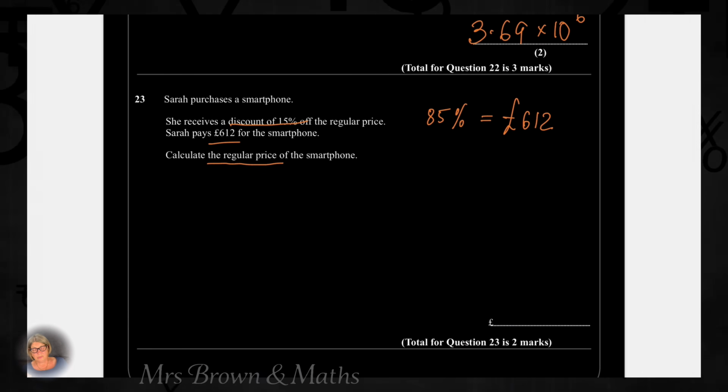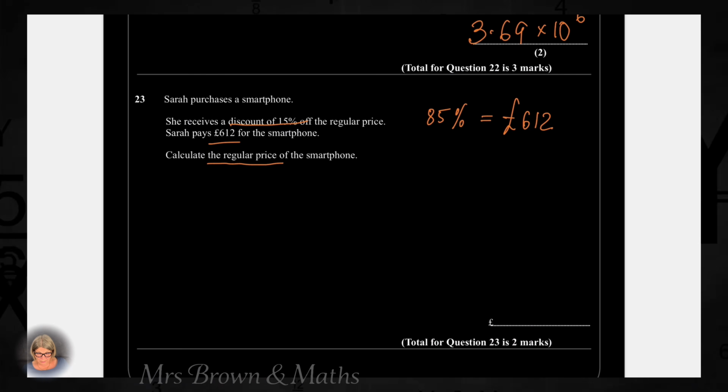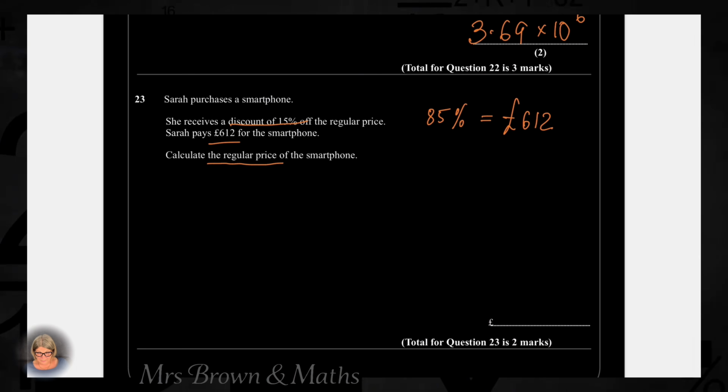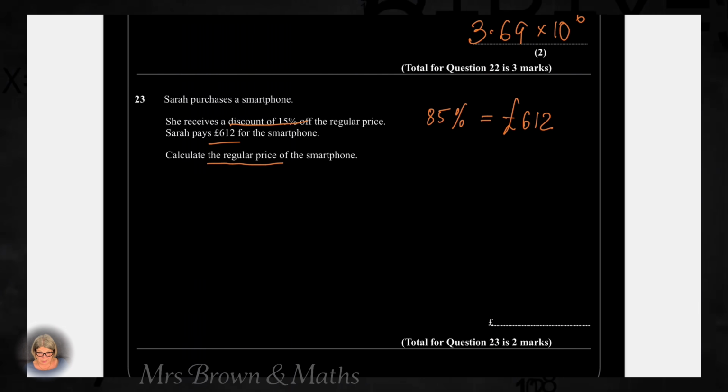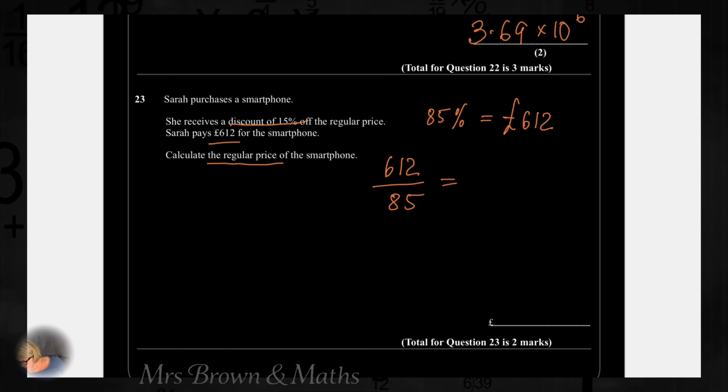There are different ways how obviously to solve this question. Me personally, because it is calculator paper, I would work out the value of 1%. So if 612 is 85%, how to work out the value of 1%? 612 divided by 85, and you will get 1%.